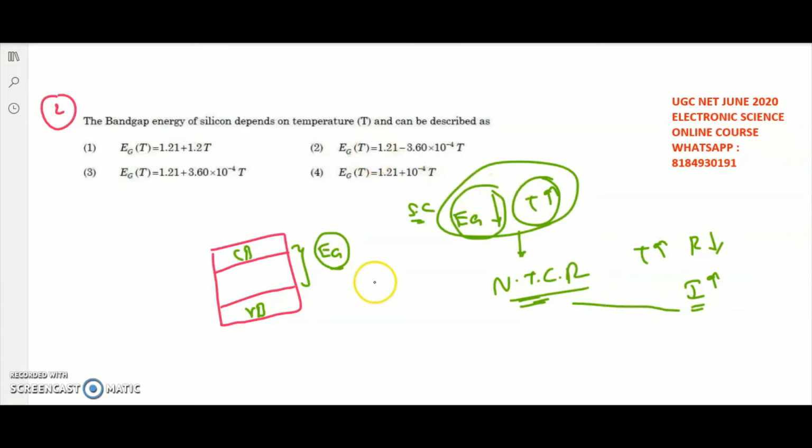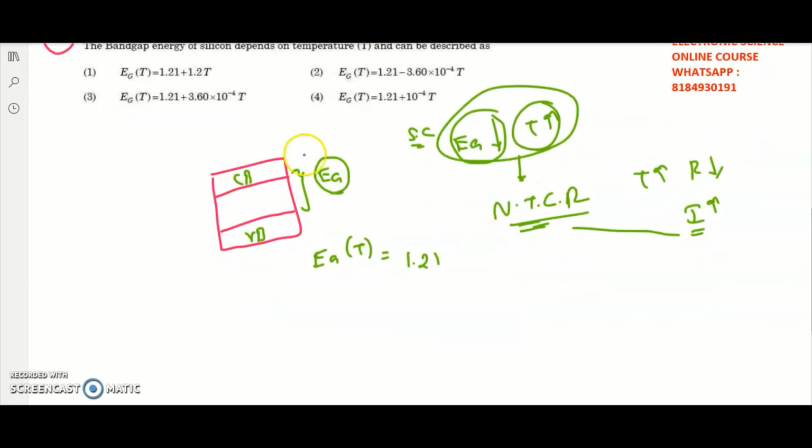Now the correct equation for Eg of T, that means the energy band gap as a function of temperature. If you want the generalized expression, we can write Eg of T is equal to E naught minus beta into T, where E naught is the energy band gap of the semiconductor material at 0 degrees kelvin, right?